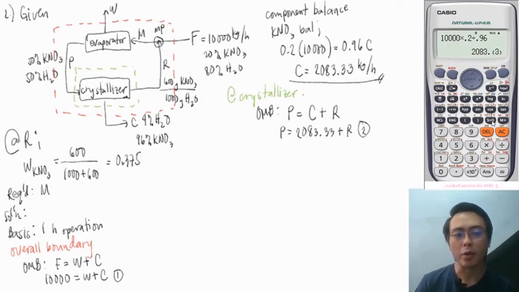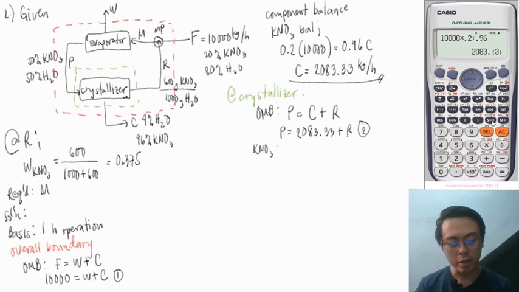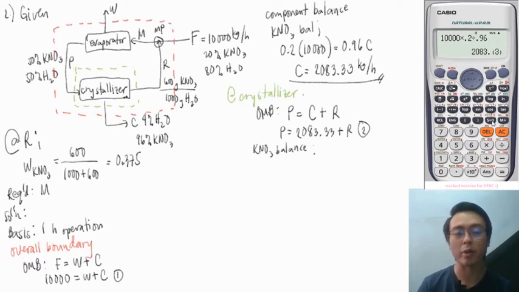Now we have two unknowns, so we need another equation that has P and R, and we can get that from a component balance. So let's use the potassium nitrate balance. This is the reason why earlier we considered stream R and we determined the mass fraction of potassium nitrate in R, because we will be using that in this potassium nitrate balance.